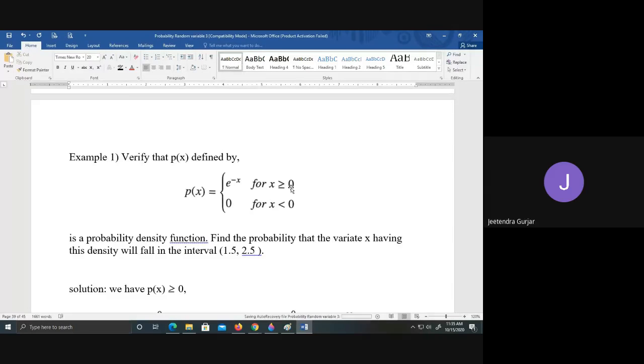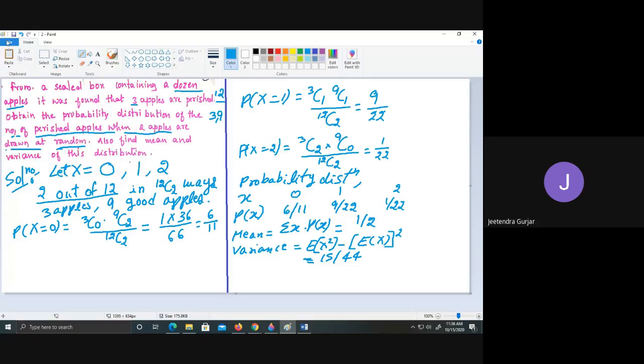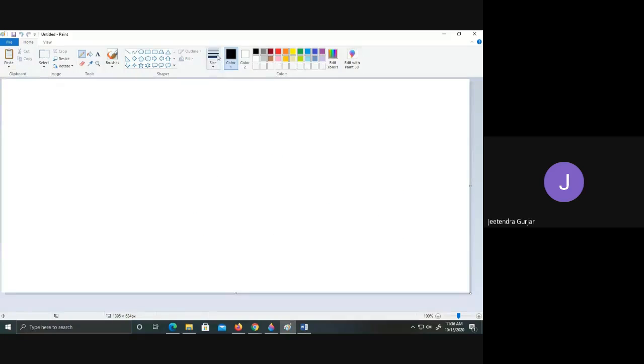Verify that p of x defined by this probability function, so we'll start solving.